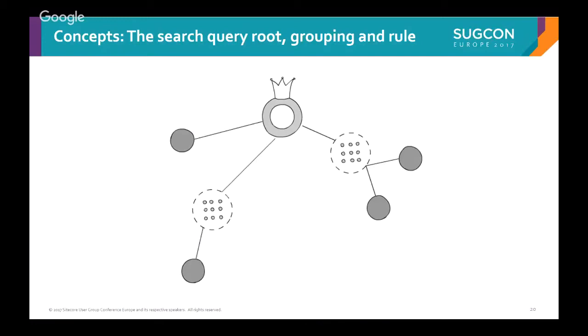Then we have the rule as the last concept. And a rule is basically the guy that says, I want to fetch something from my search index by this field that should be compared in some way, like equality or containing or wildcard, to some specific value. That being either dynamically given to me, or I can fetch it as a preset value.